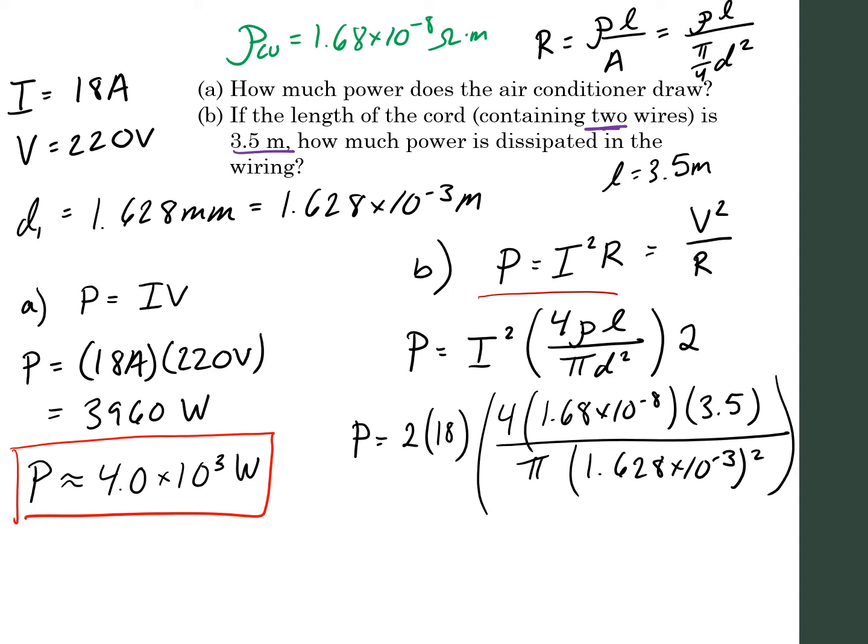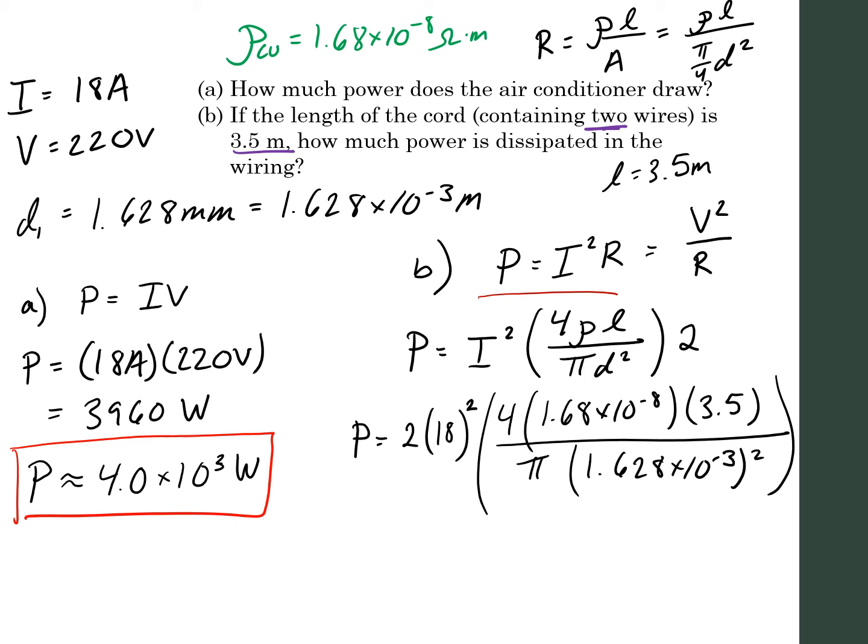So I've plugged in all of my values. Again, I'm choosing to use the diameter, so I need to have this 4 at the top here. And because I'm using my length as 3.5 meters, I need to have the 2 on the outside to account for the fact that there are 2 wires. And I forgot the squared on my 18.